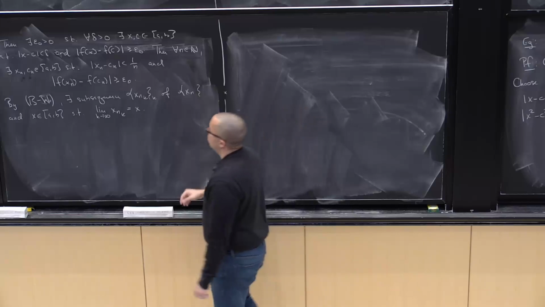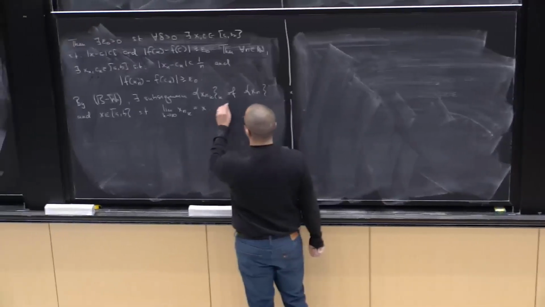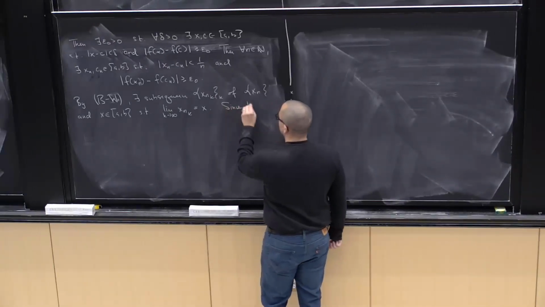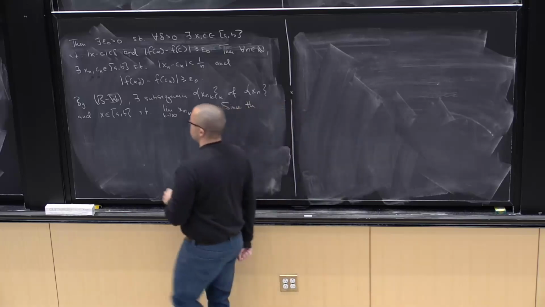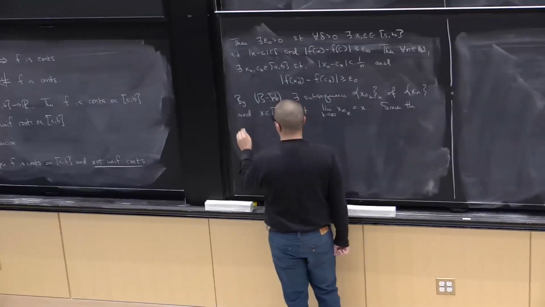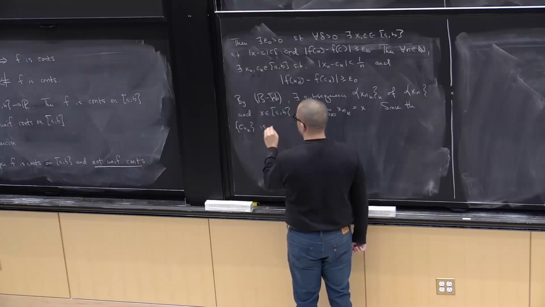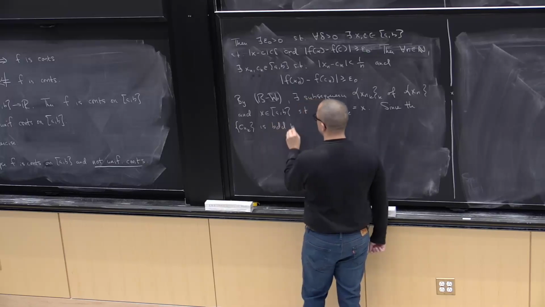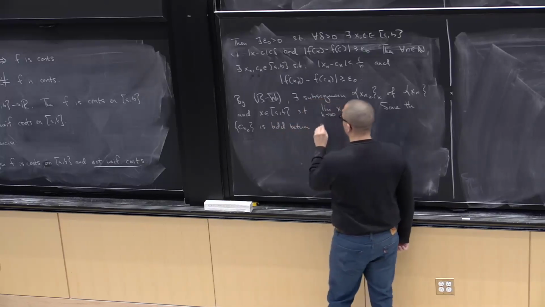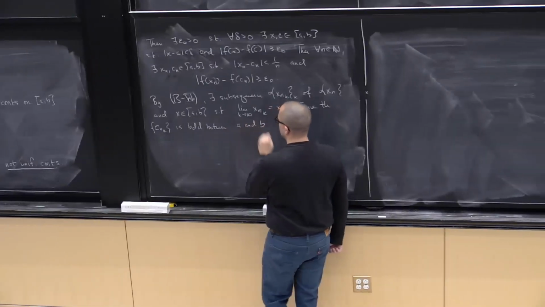Now, the subsequence c_{n_k} is bounded between a and b.